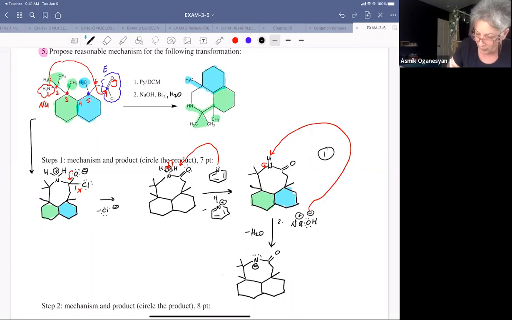Okay. Now nitrogen will pick up on bromine, which is temporarily polarized.